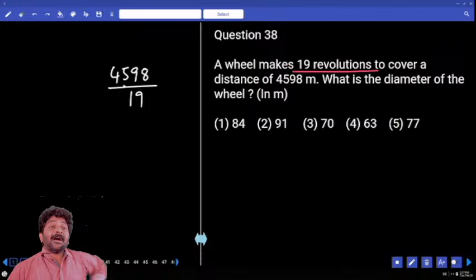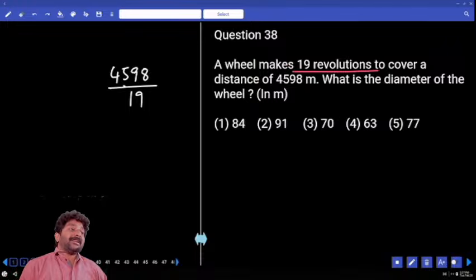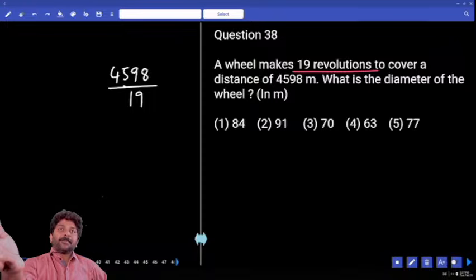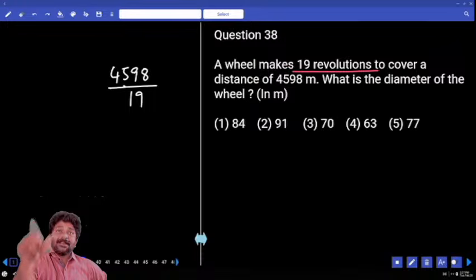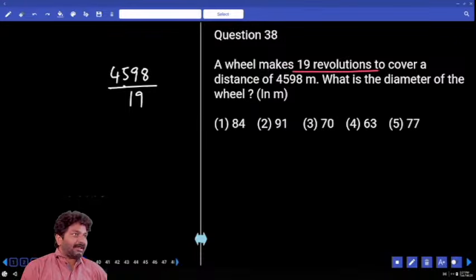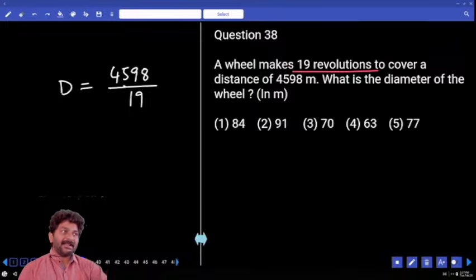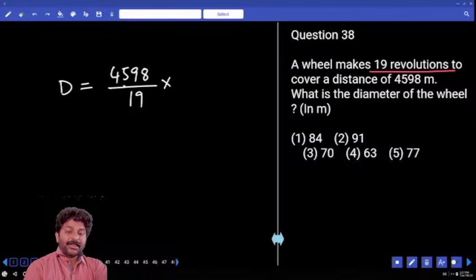What is the formula? But were you asked to calculate radius or diameter? Diameter is the question. So I'll assume my circumference as pi d. So d is equal to, pi goes to the right hand side, that means 22 by 7 goes to the other side and becomes 7 by 22.